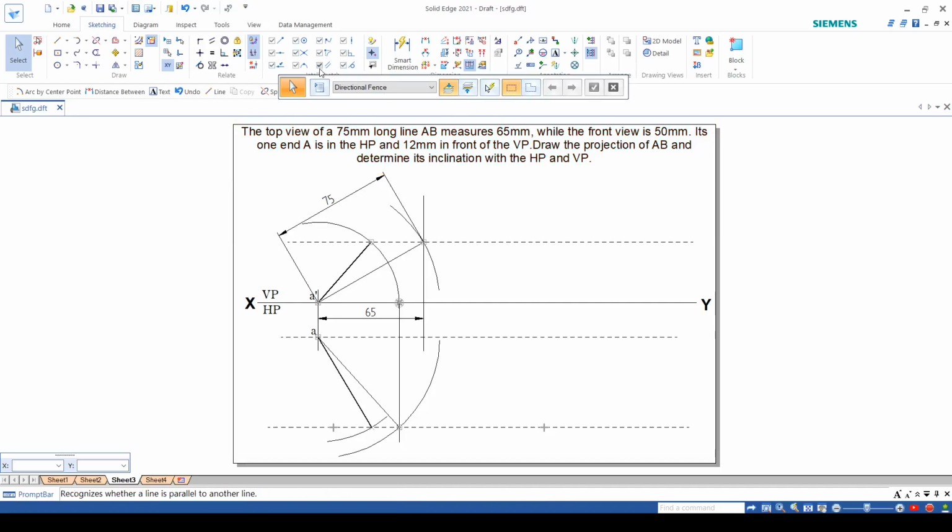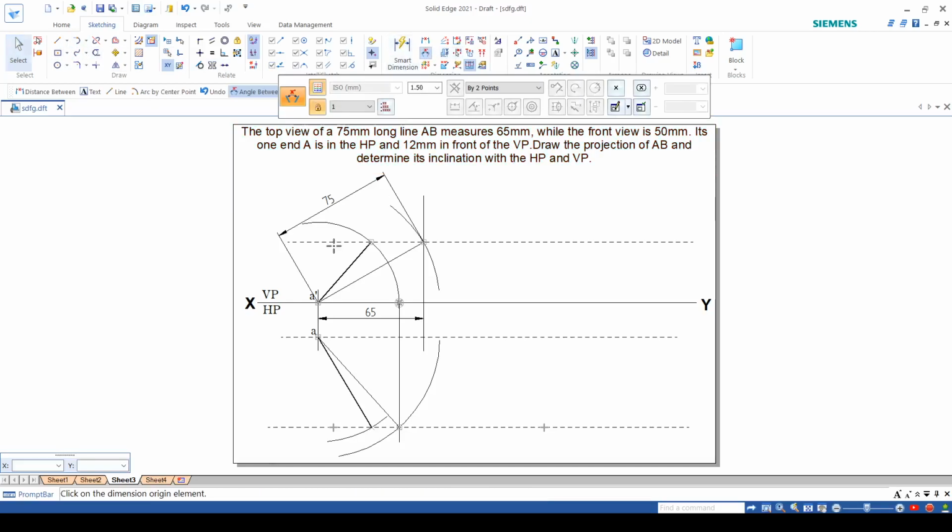Now, how to mark the angle. From this to this is 49, then this.